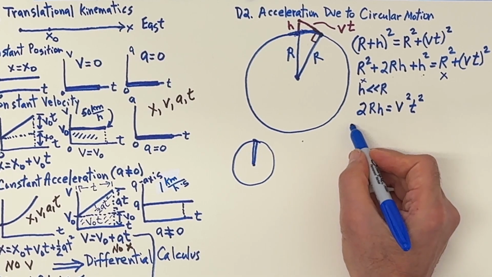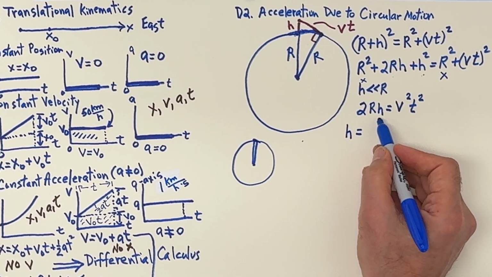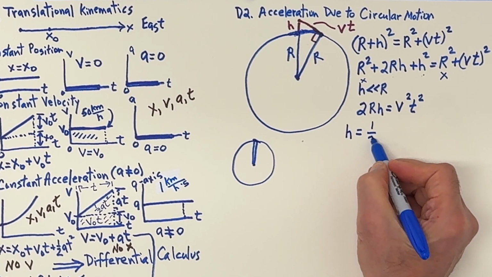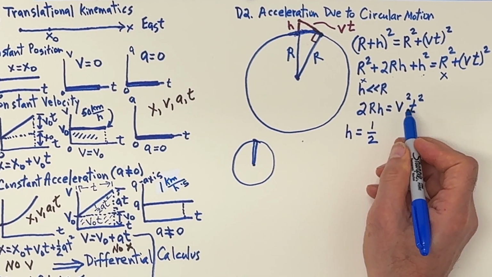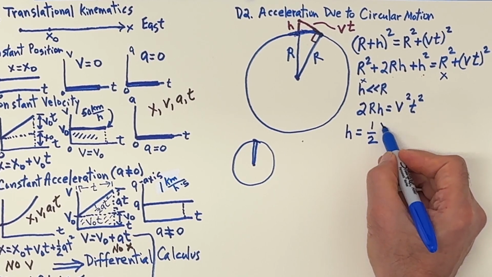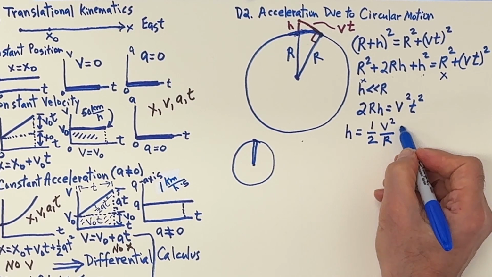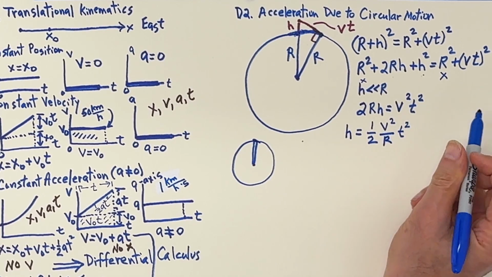Now we're going to rearrange things. H here would be equal to 1/2, dividing both sides by 2, and dividing both sides by r, we'll have 1/2 v squared over r t squared.